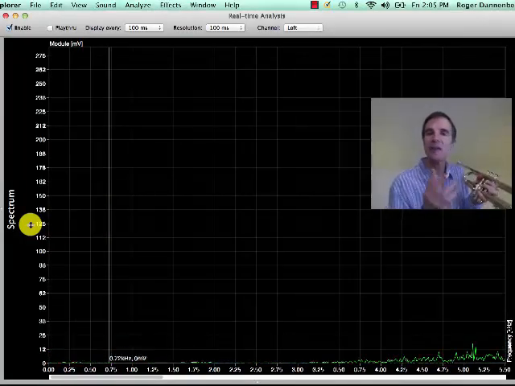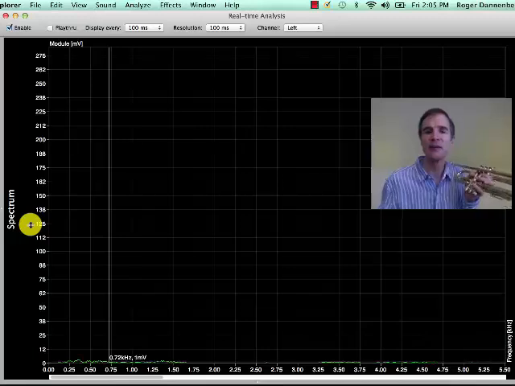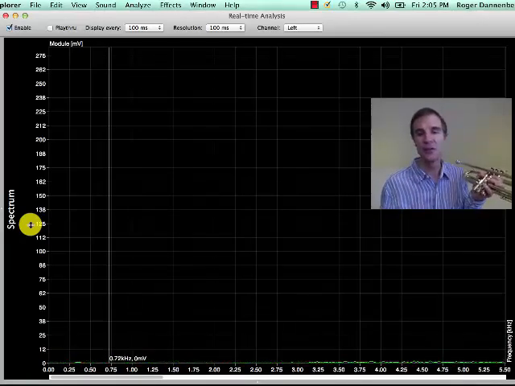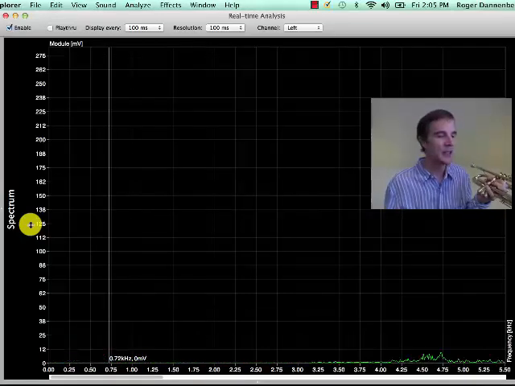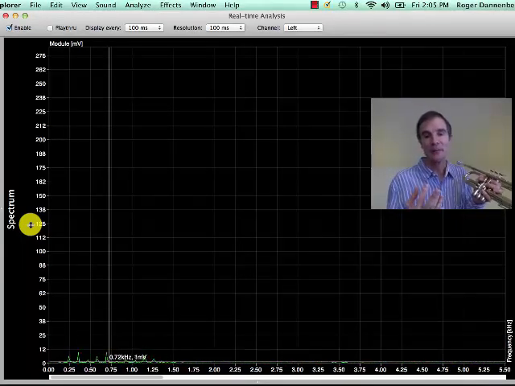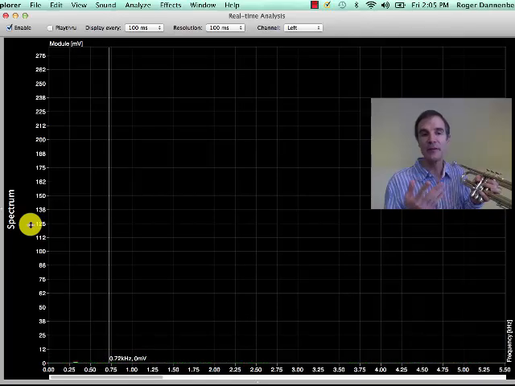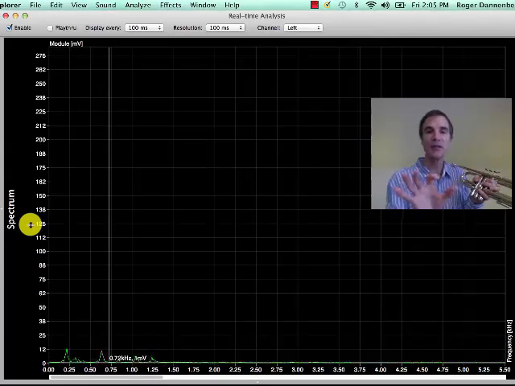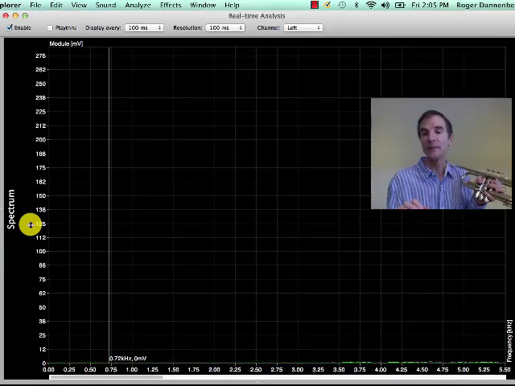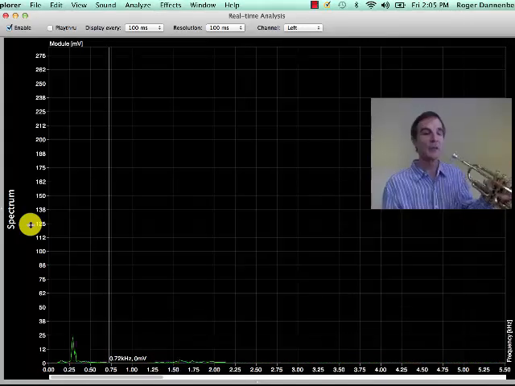So when I play very soft, it's almost sinusoidal. It's just one or two strong components, but that changes as the trumpet gets louder. And we'll learn about this later in the course. All right, the other thing I can do is just show you, as you might expect, if the frequency goes up on the trumpet, the sinusoidal components are going to move to the right, because they're going up in frequency.